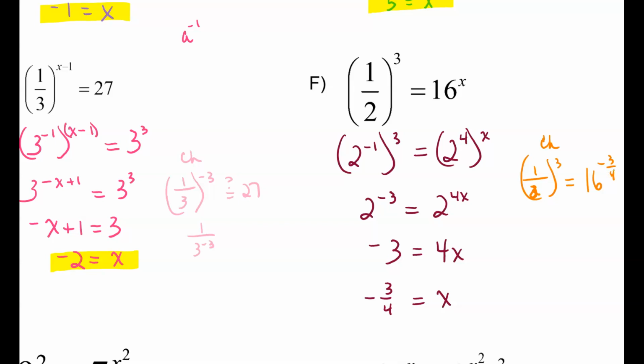What's 1/2 cubed? 1/8. What's the 4th root of 16? 2, and that would be 2 to the negative 3. Are those two the same? Yes, we get the same thing.